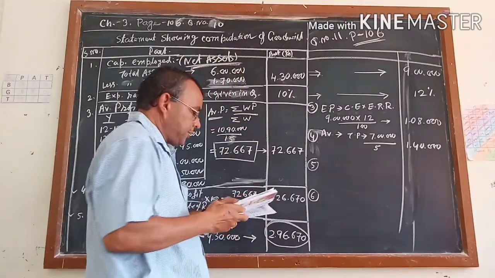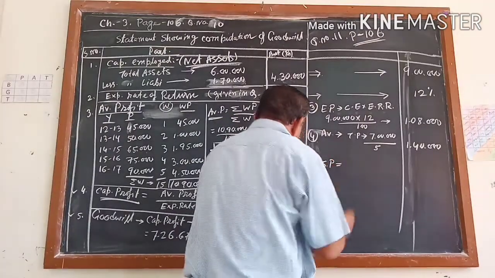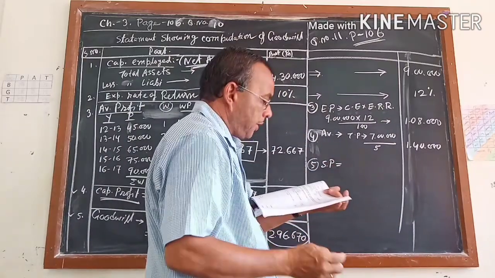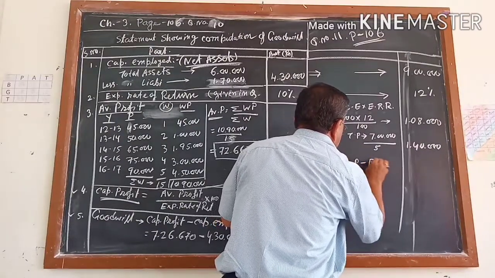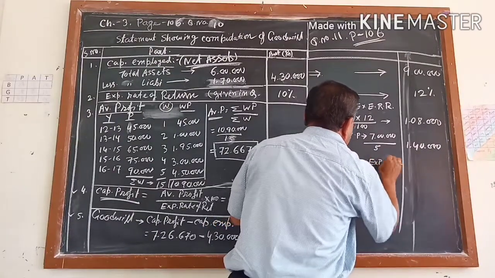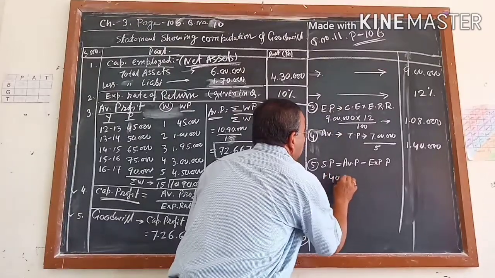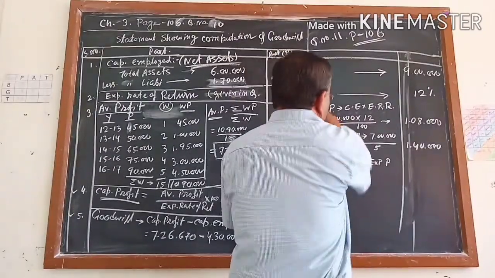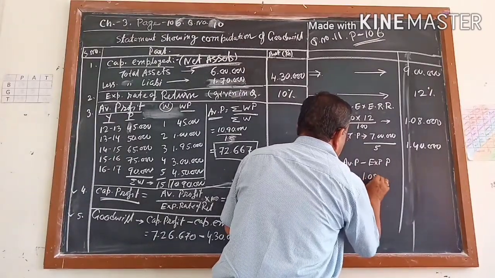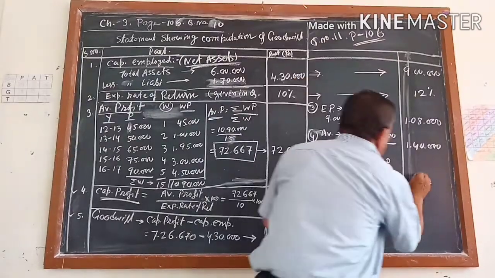The fifth step, SP, super profit. Super profit is equal to average profit minus expected profit. Average profit you got 1,40,000, minus expected profit 1,08,000, you are getting 32,000.